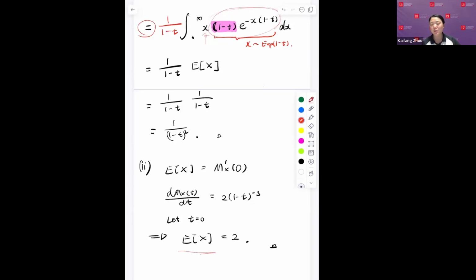If you want to go higher, for the third population moment, you take the third derivative with respect to t and let t equal 0, and you get the expectation of x to the power 3. In this case, you can calculate the skewness. So that's why moment generating functions are very useful.